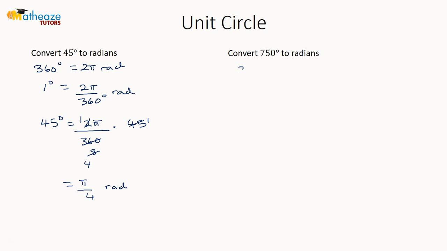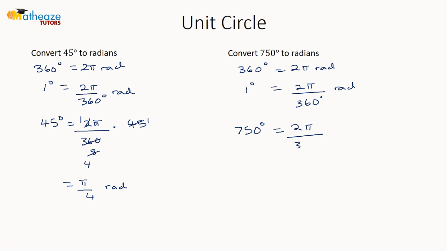So let's convert 750 degrees to radians. So we start off with our expression. 360 degrees is equal to 2 pi radians. And then 1 degree is equal to 2 pi over 360 radians. And then 750 degrees is going to be 2 pi over 360 times 750.